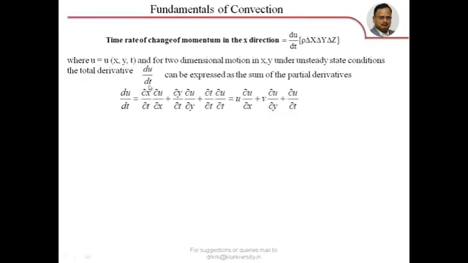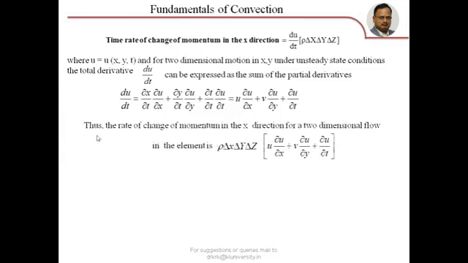That is du by dt equals dou x by dou t into dou u by dou x, plus dou y by dou t into dou u by dou y, plus dou u by dou t. And dou x by dou t is nothing but velocity in x direction u, dou y by dou t is velocity in y direction v, and of course dou t cancels, you will get dou u by dou t.